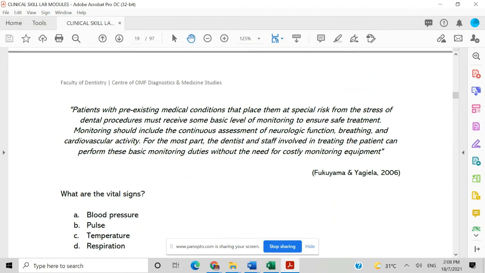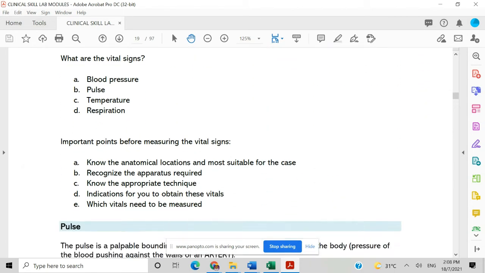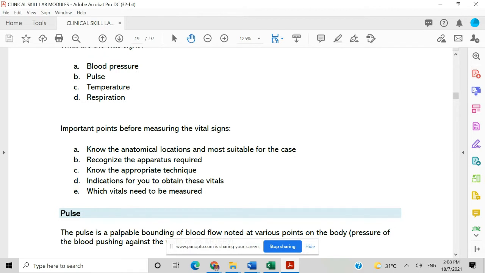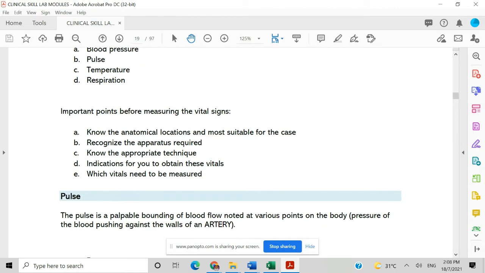So we have talked about what the vital signs are, and now I would like to highlight the important points before measuring them. First, you need to know the anatomical locations and the most suitable locations for every vital sign. You need to know the apparatus required for every vital sign; some require apparatus, some don't.